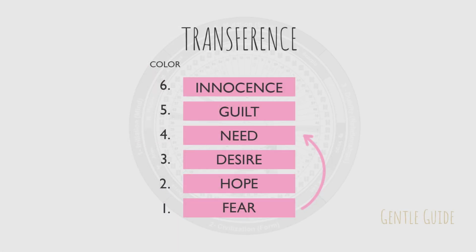Transference for number 1, fear, is number 4, which is want. That means that instead of digging deep or all over the place, you just do whatever is needed. An example: a company where they don't have time for you to figure things out, but rather just want you to do what is necessary to finish as soon as possible.